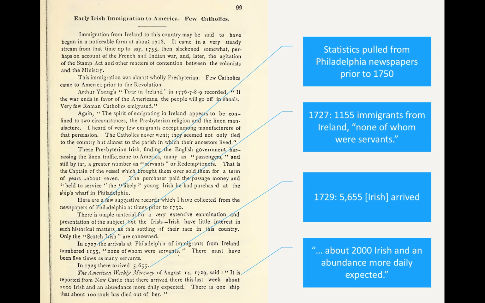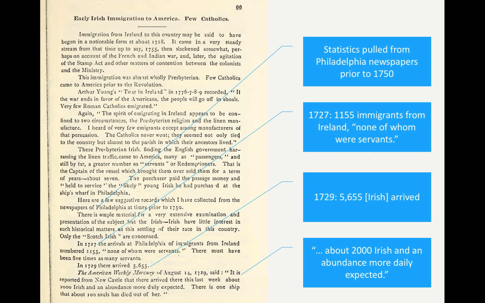And he finds things like in 1729, 5,655 Irish arrived in Philadelphia. That's his summary of his research. And you can see the other examples there on the screen. So it's an early look at Catholic Irish immigration to America, specifically Irish immigration.